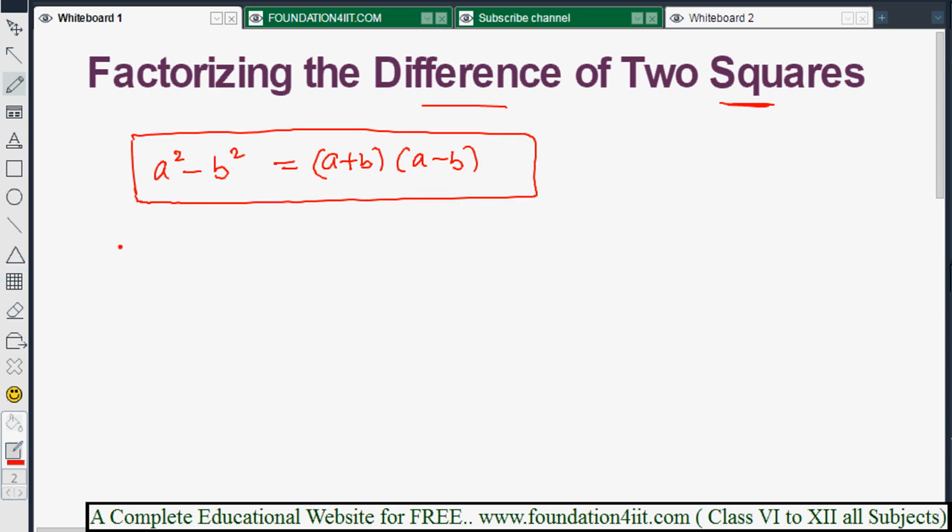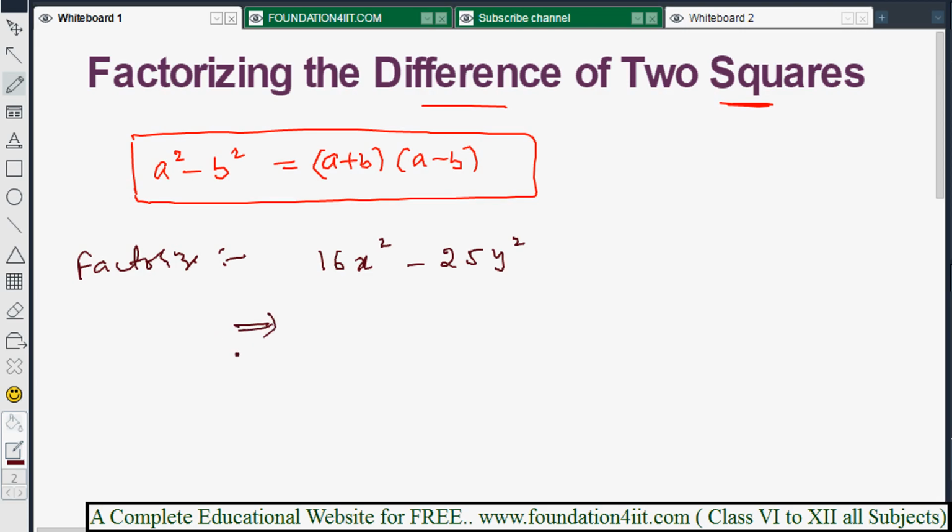It's very simple. For example, the question is given like this: factorize 16x square minus 25y square. We need to convert this question into a difference of two squares.